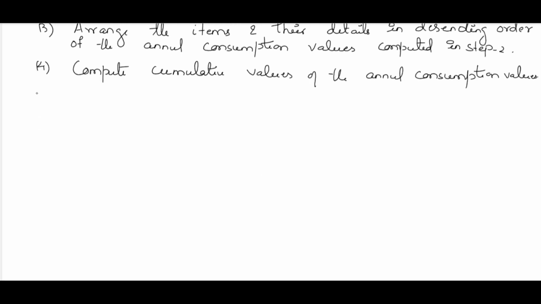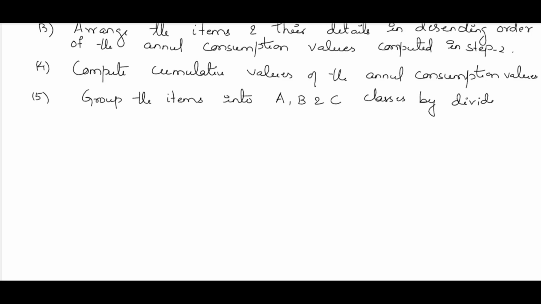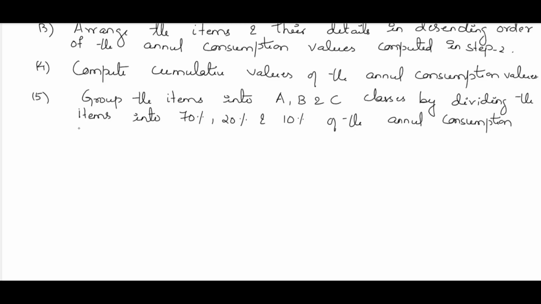Fifth step. Group the items into ABC classes by dividing the items into 70%, 20% and 10% of the annual consumption values from top to bottom.